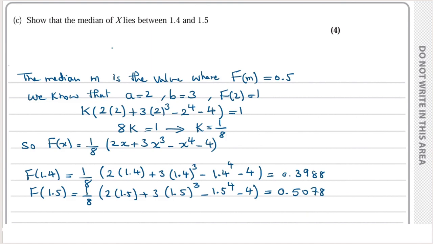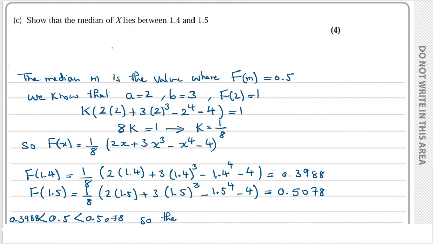So we notice that 0.5 lies in between the values that we've obtained, 0.3988 and 0.5078.